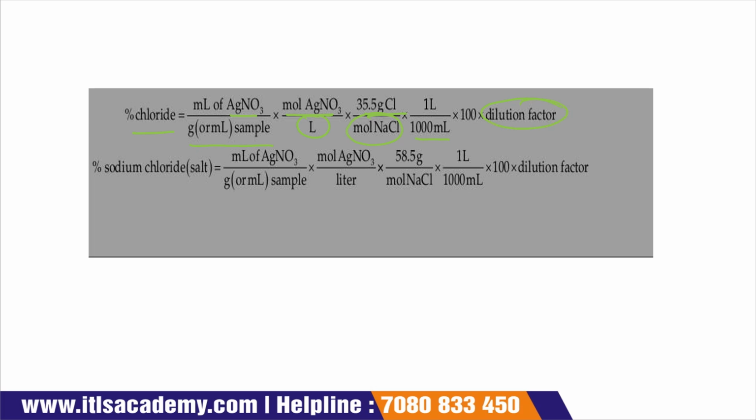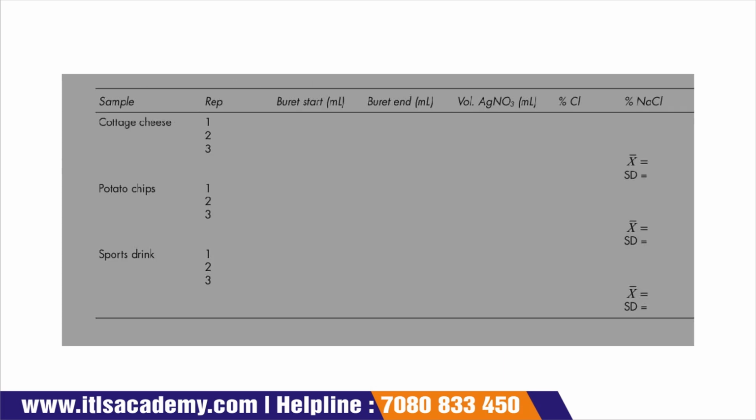The percentage of sodium chloride is calculated by ml of AgNO3 divided by sample in gram, then AgNO3 molarity, then liter, then multiply by 58.5 divided by molarity of NaCl, then multiply by 1 liter divided by 1000 ml, multiply by 100, multiply by dilution factor. This is how we calculate the percentage of chloride and percentage of sodium chloride.